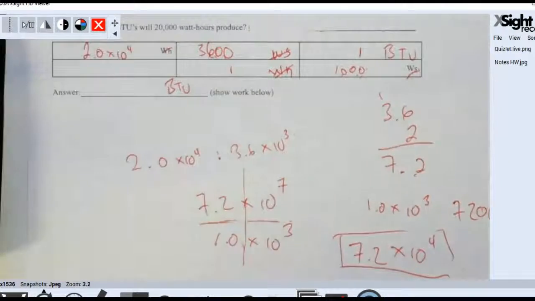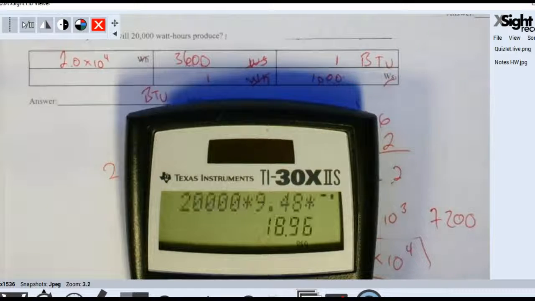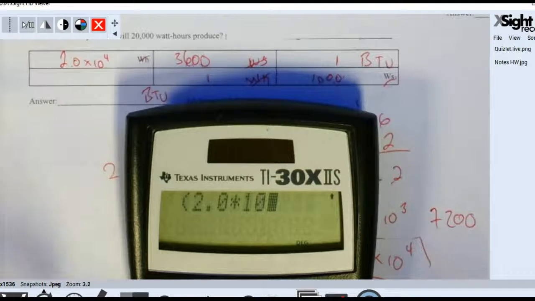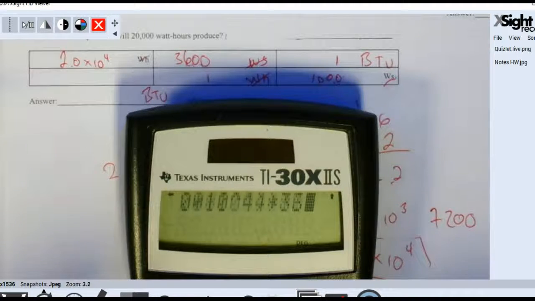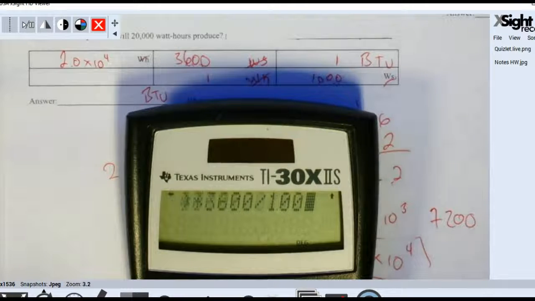Now, yeah, I personally am going a little slow. The more you do this, the faster you get. But let's check that on the calculator. Let's see what that looks like. So 2.0, actually, I'm going to keep things in parentheses. 2.0 times 10 to the 4th times 3,600 divided by 1,000.